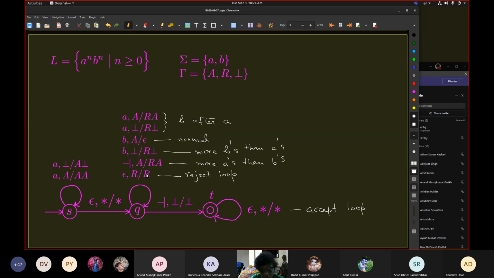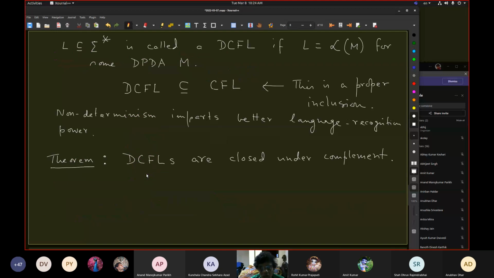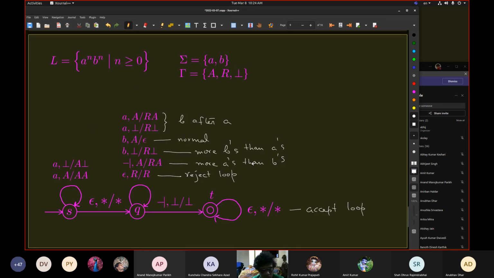Okay. So now I briefly tell you how to proceed about proving this theorem. But an exact proof again involves a lot of, I would say, intricate details, which I would like to avoid because we should soon start our coverage of Turing machines because not enough time is left.